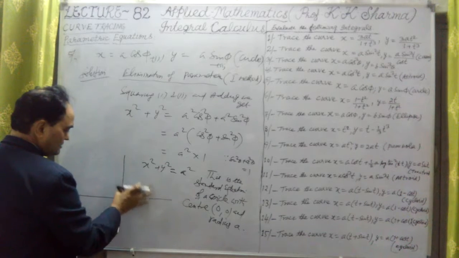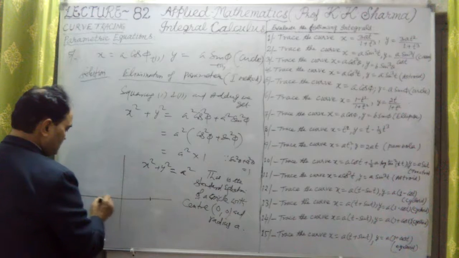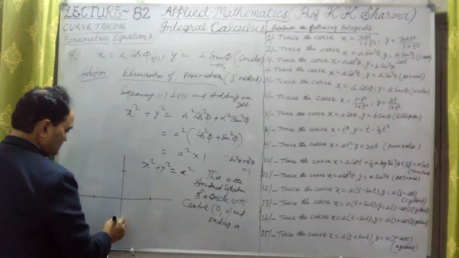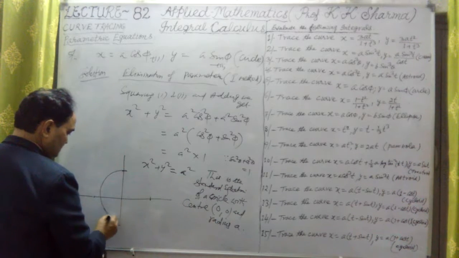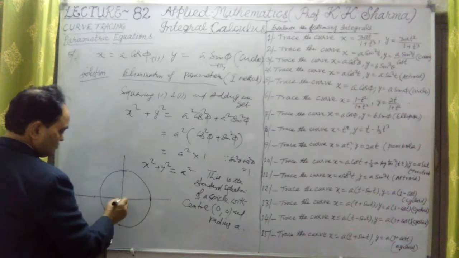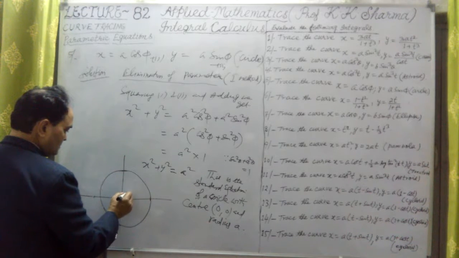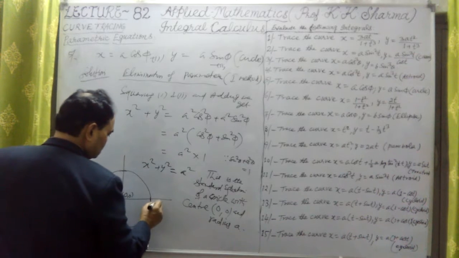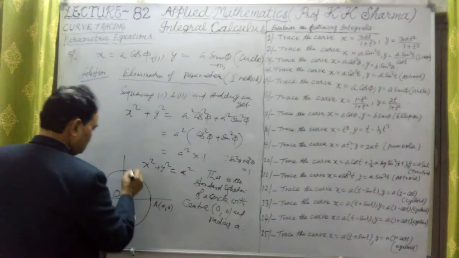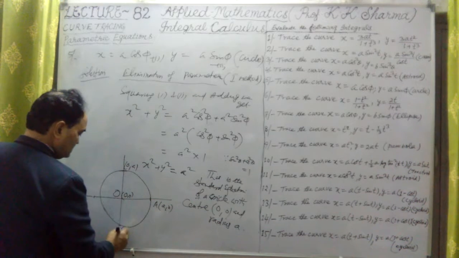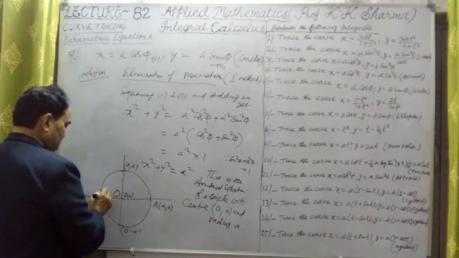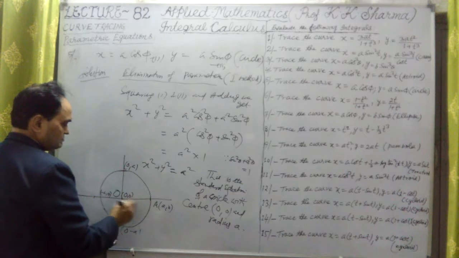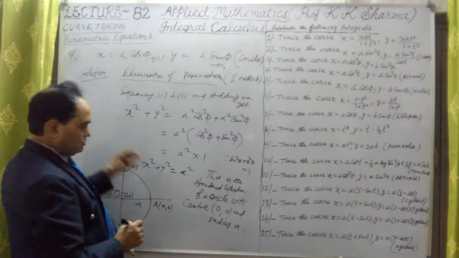If I take a as the radius and draw a circle, this is the origin O, center 0, 0, and this point is a, 0. This is 0, a. This is 0, minus a. This is minus a, 0. So the radius is a here. This is the equation of a circle.